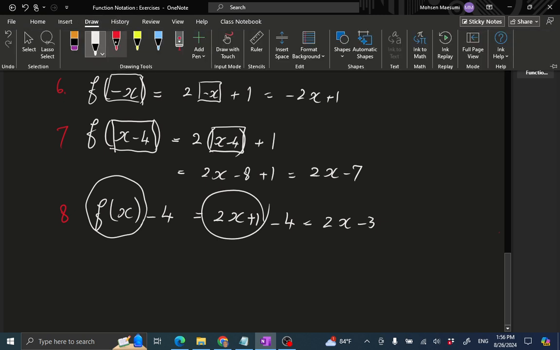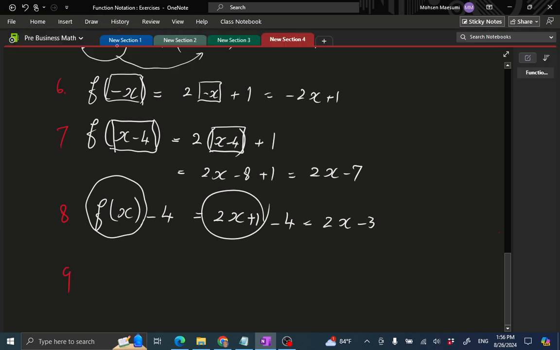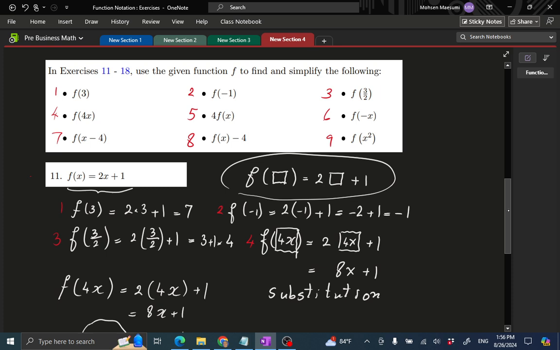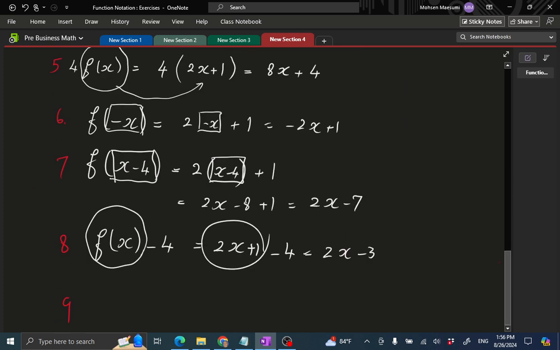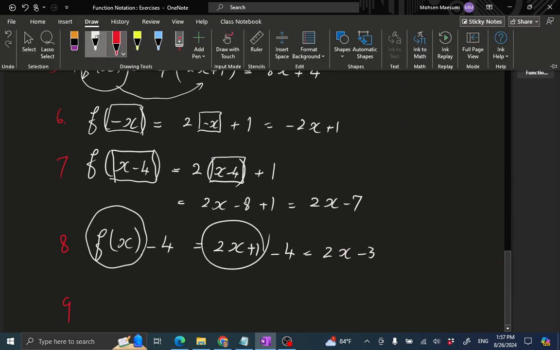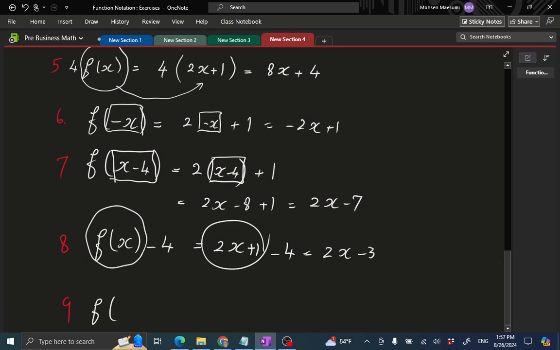Finally, we have our 9, which is f of x squared. So again, put this thing in a box. Remind yourself that the function takes the box, doesn't bother with the input yet, doubles it and then adds 1. Now the input was x squared, and so I'll have 2x squared plus 1.